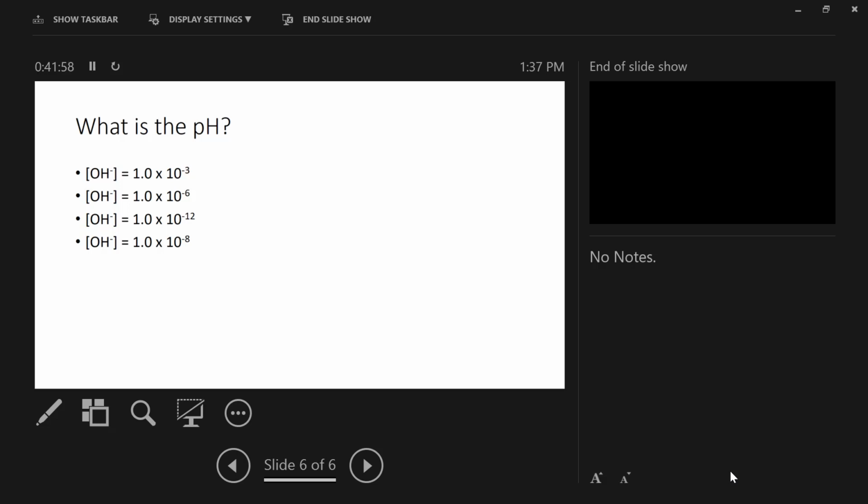It's given to us in the problem. 1.0 times 10 to the minus what? 6. Okay? And so when we divide these, we get 1.0 times 10 to the minus what? Negative 14 plus 6 is negative 8. And if you were to take the negative logarithm of that number, we get a pH of 8.